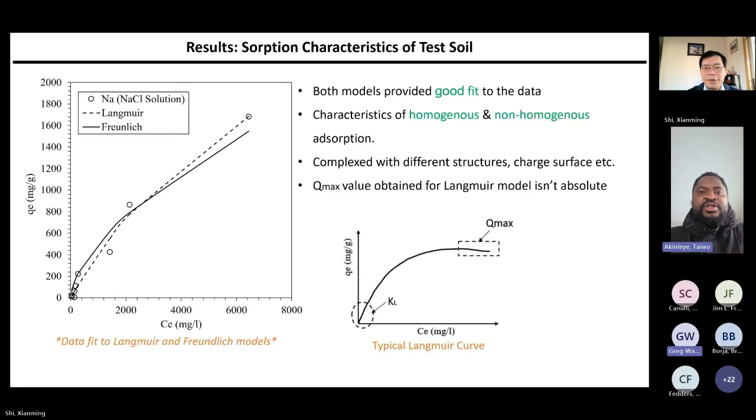Also, in terms of sorption analysis, some of the methods which we use, like I mentioned earlier, are just the Langmuir and Freundlich isotherm models.